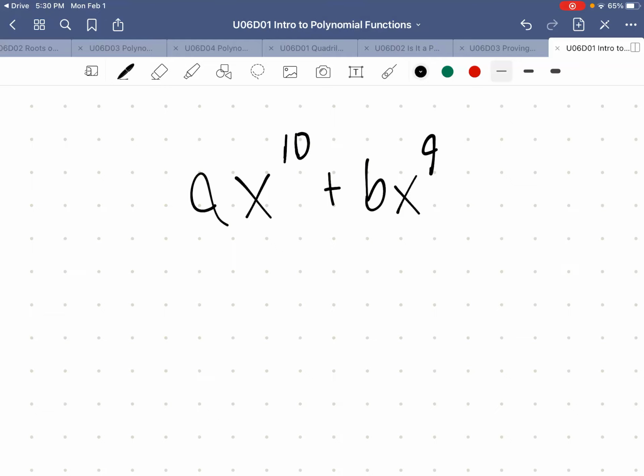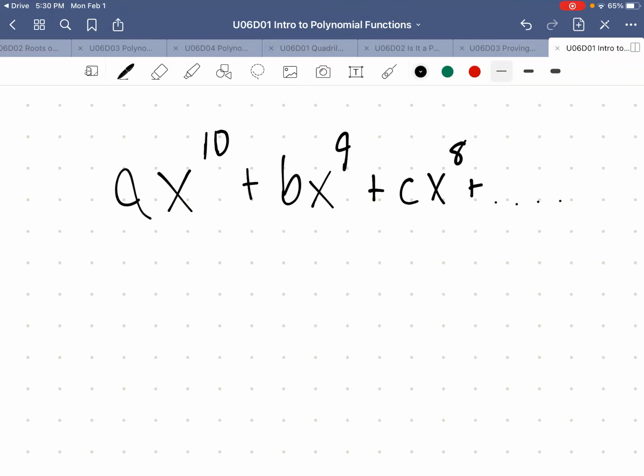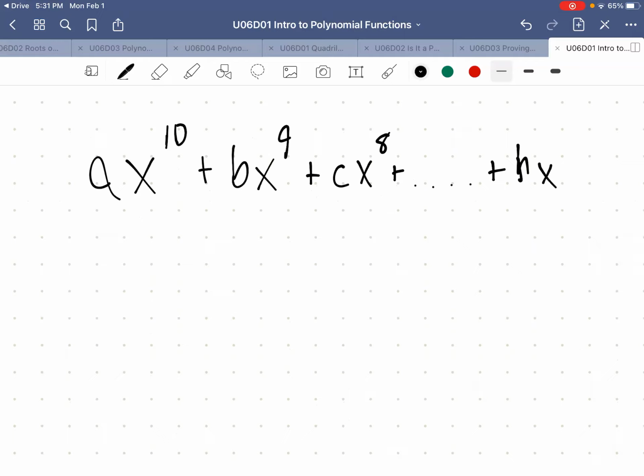X is our variable, to the 9th power, and so on, until we eventually get to some other term. So it'd be ax to the 10th, plus bx to the 9th, plus cx to the 8th, plus dx to the 7th, and so on, where the exponents continue to decrease until we get hx to the 0, which is just h, so that's why we don't write that.